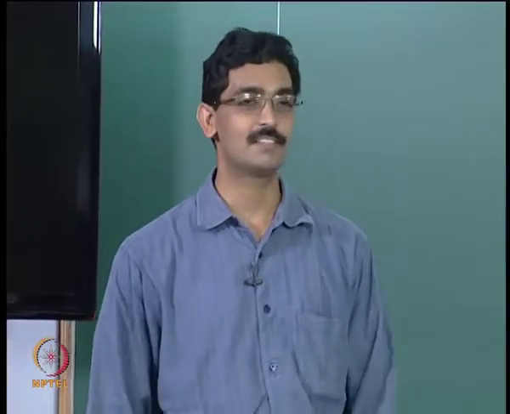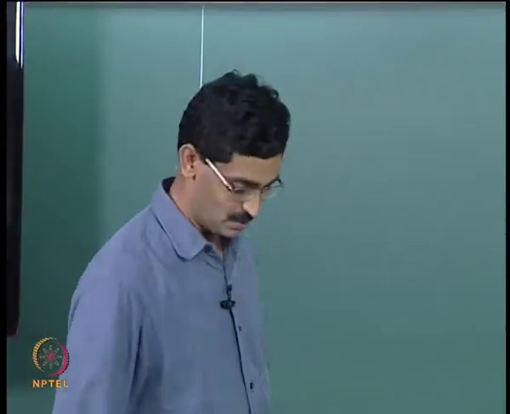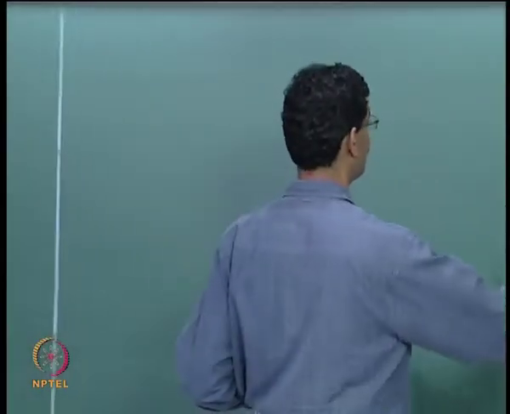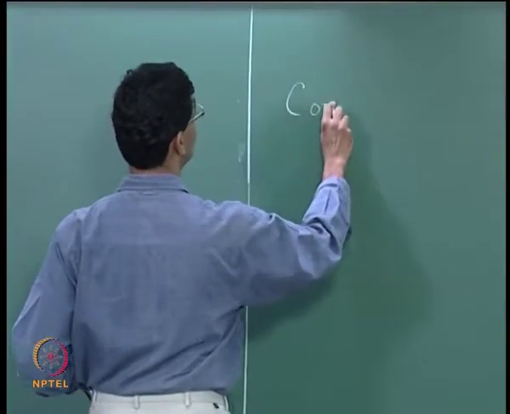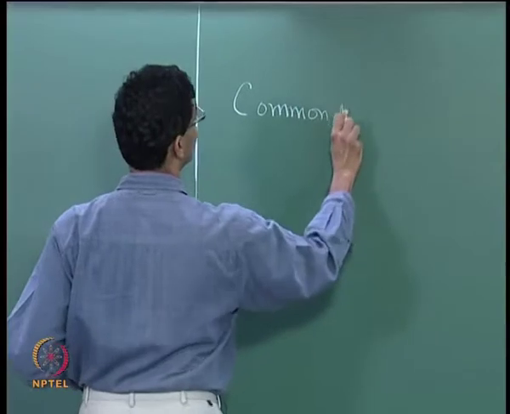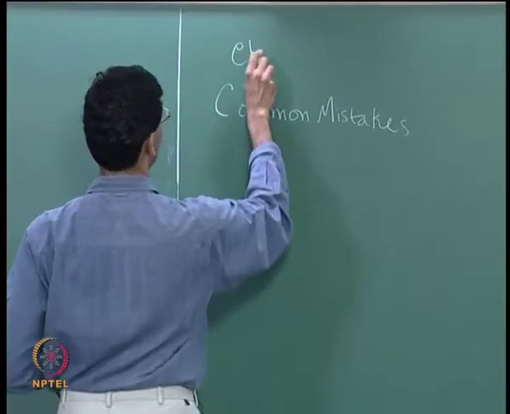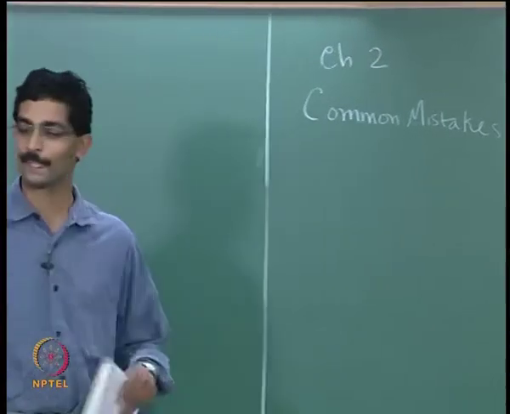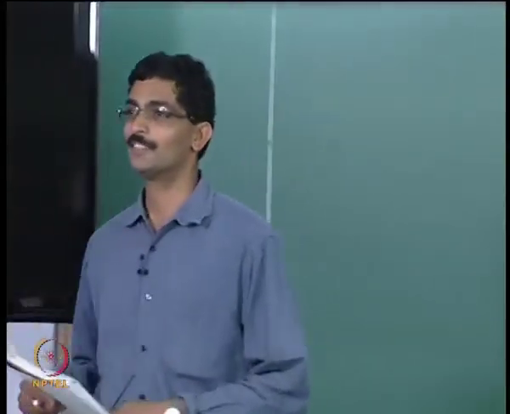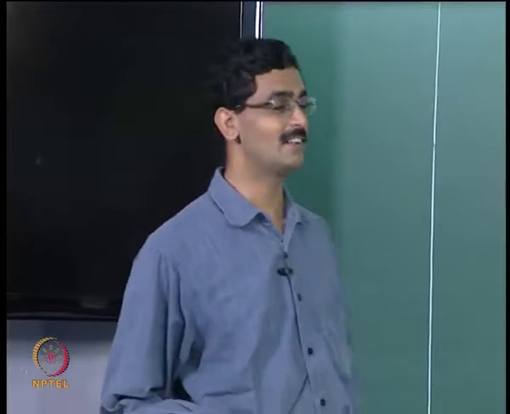There are a couple of items in that common mistakes list which I thought we should look at. As I said, there are about 22 items, still from chapter 2, in that long list.